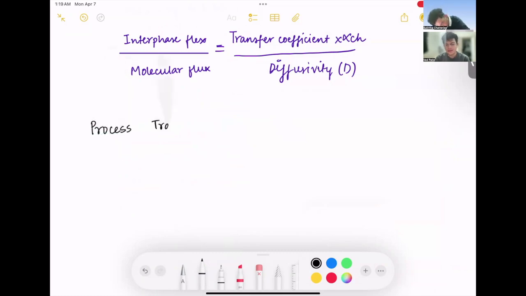Our second headline is transfer coefficient. Our third headline is diffusivity. And our fourth headline is interface flux upon molecular flux.